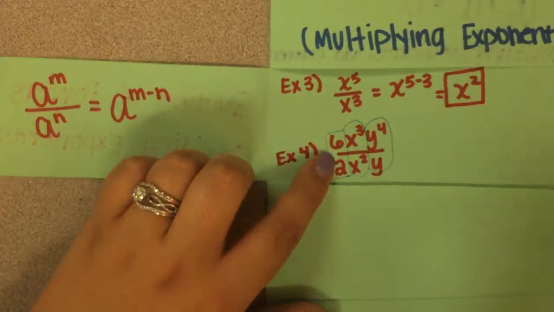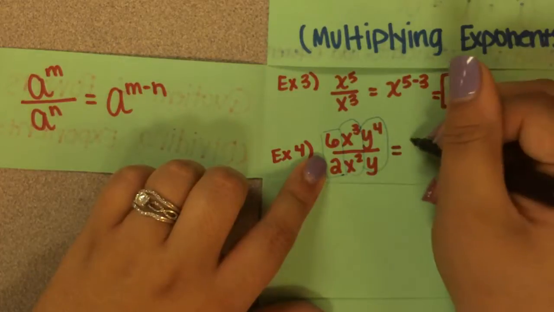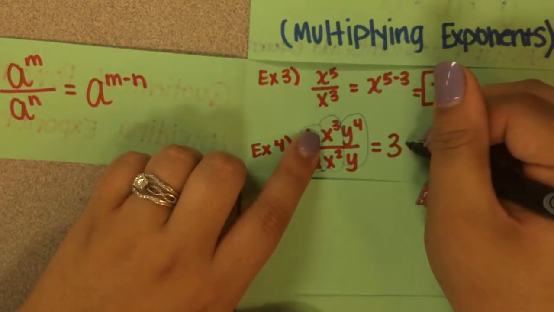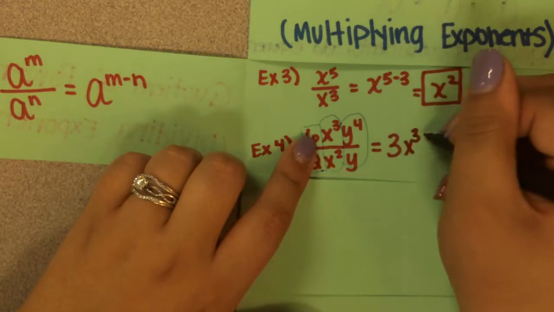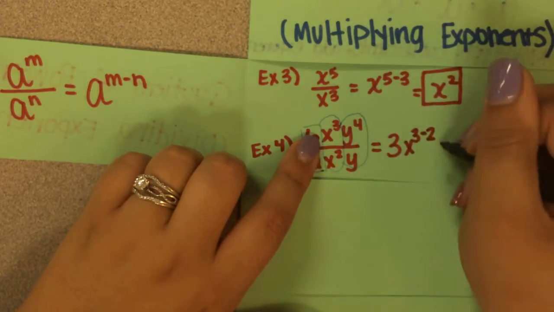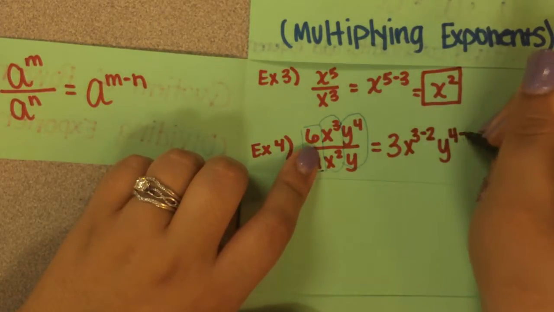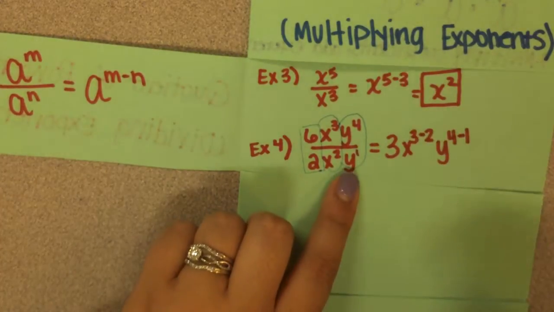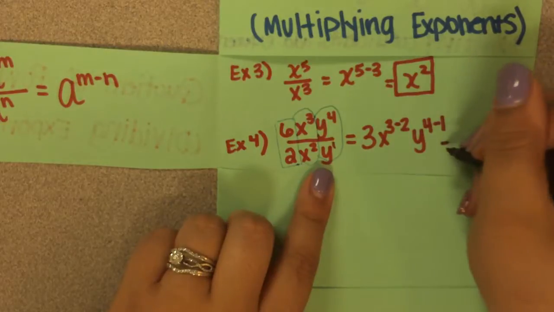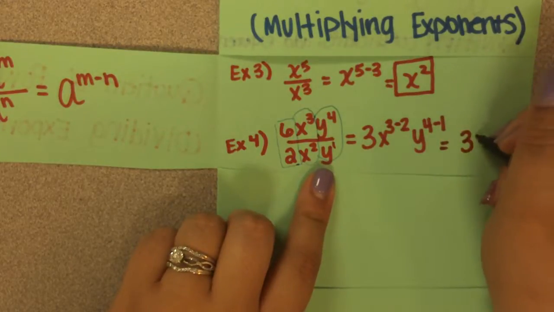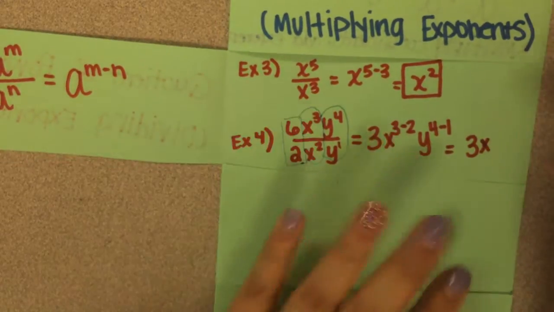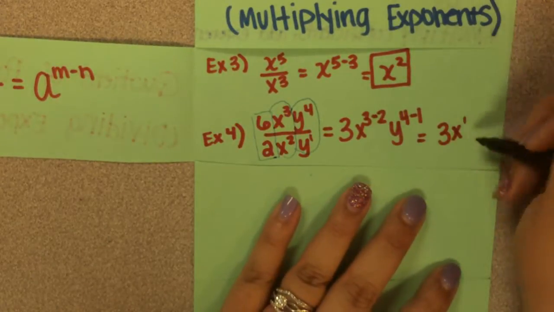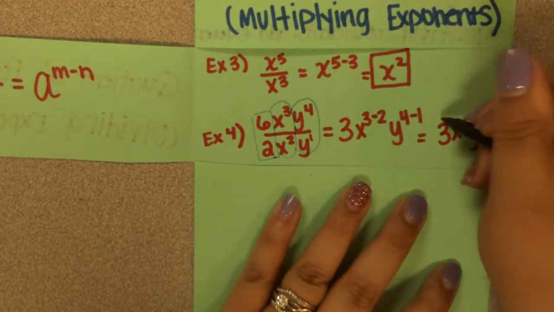We don't subtract these. We divide the coefficients. So that's 3. And then we subtract our exponents. And remember, there's an invisible 1 there. So that's going to give us 3x to the 1. And you can write it, but you don't have to. And then y to the 3rd.